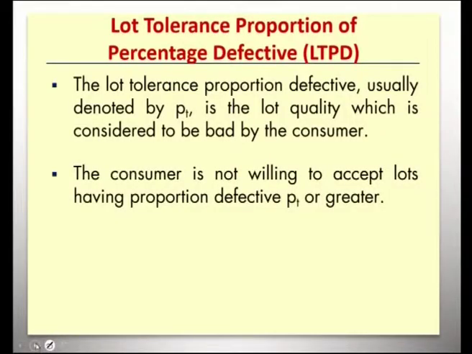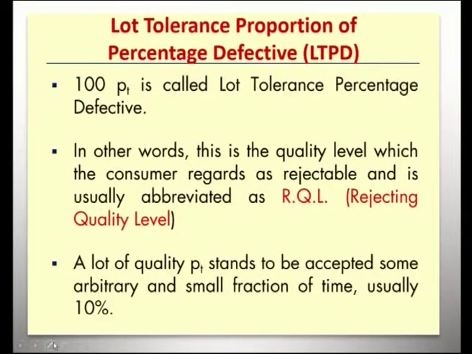So, next one is lot tolerance. We can tolerate that kind of percentage defective, and that is called lot tolerance percentage defective, LTPD. The lot tolerance proportion defective, usually denoted by PT, is the lot quality which is considered to be bad by the consumer. The consumer is not willing to accept lots having proportion defective PT or greater. 100 PT is called the lot tolerance percentage defective.